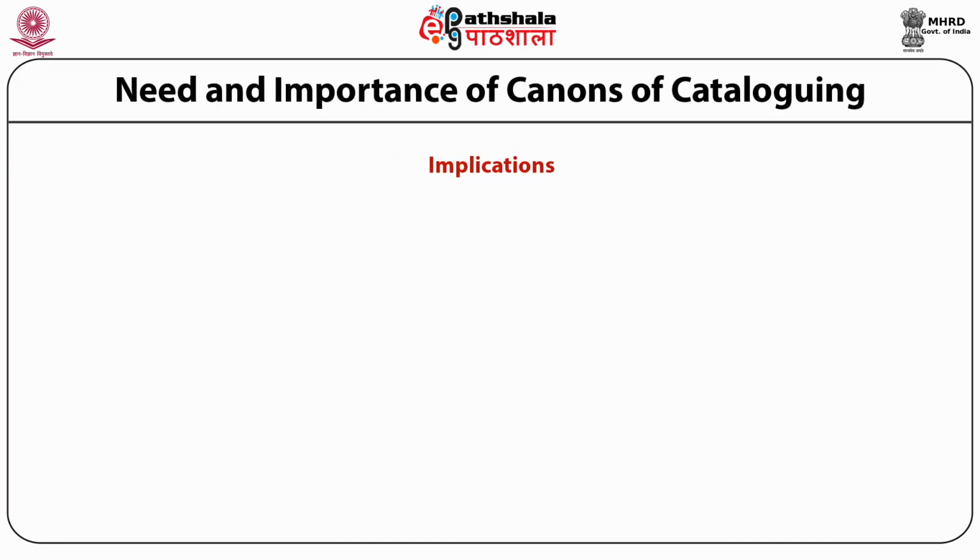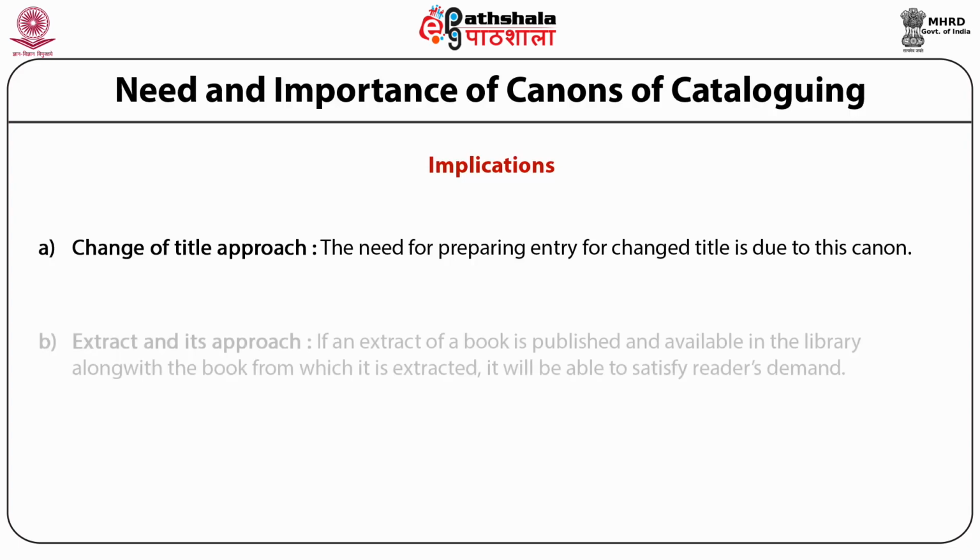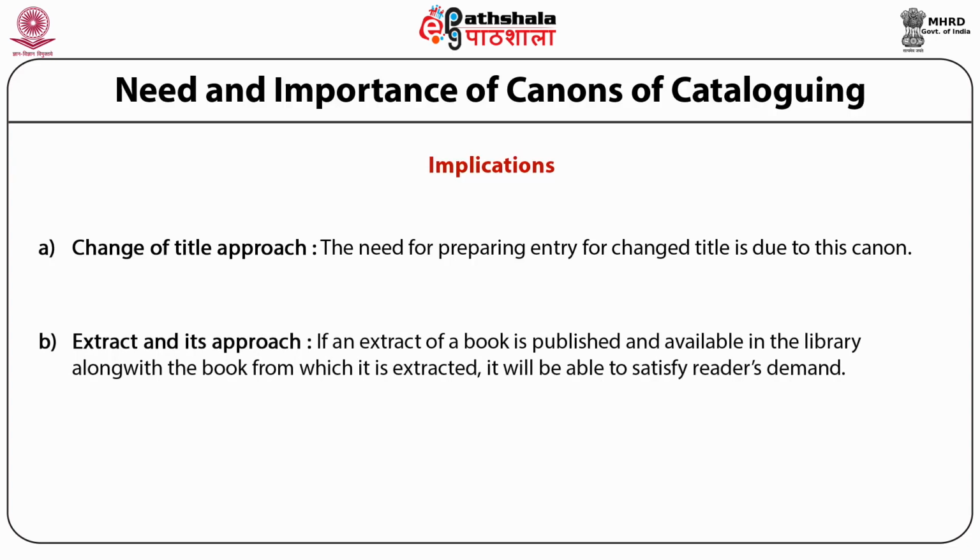Implications of Canon of Sought Heading. First implication, change of title approach. The need for preparing entry for changed title is due to this canon. Second, extract and its approach. If an extract of a book is published and available in the library along with the book from which it is extracted, it will be able to satisfy a reader's demand.